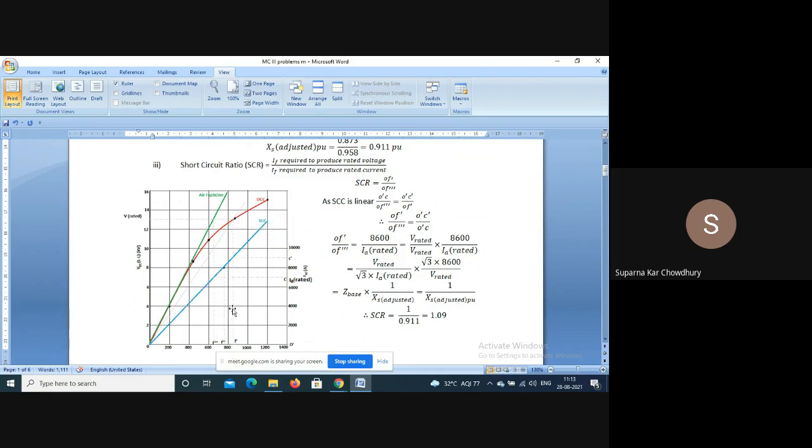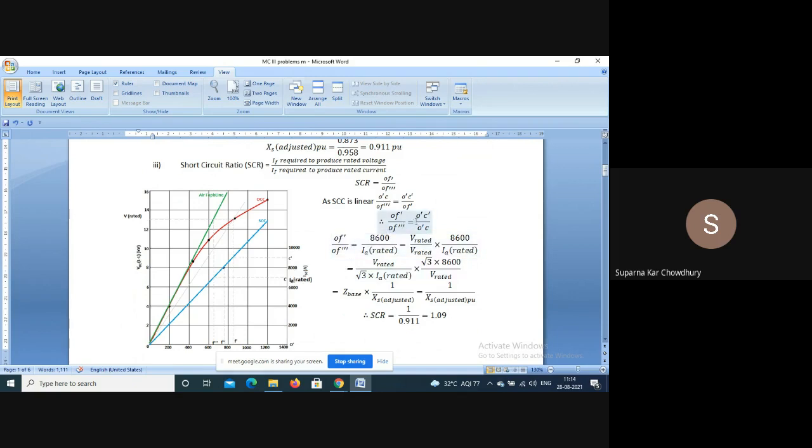So if OF dashed is the field current required to produce the rated voltage, and OF triple dashed is the field current to produce the rated current, then as this characteristic is a straight line, OF dashed by OF triple dashed is equal to the current ratio, that is O dash C dashed by O dash C.